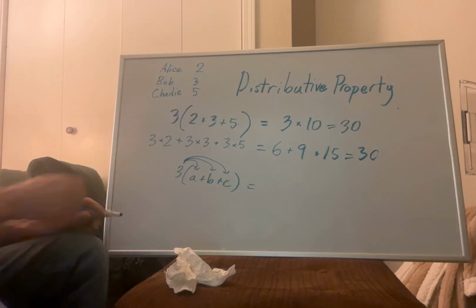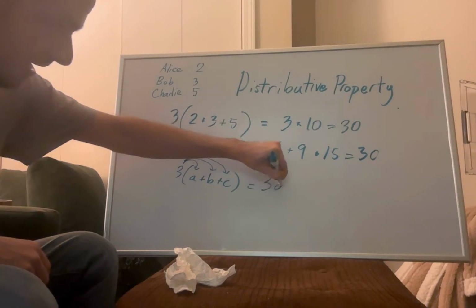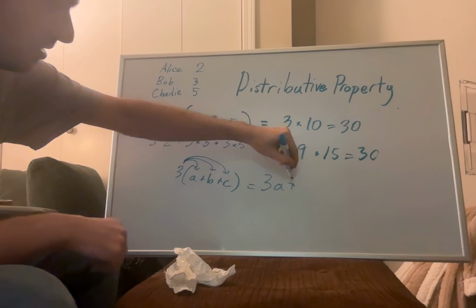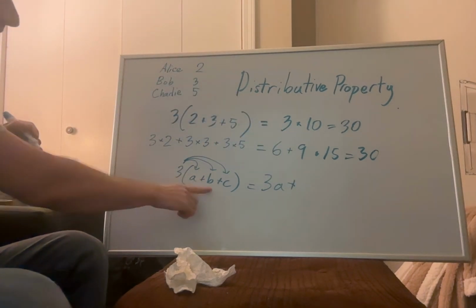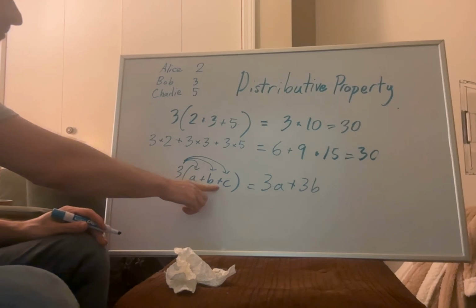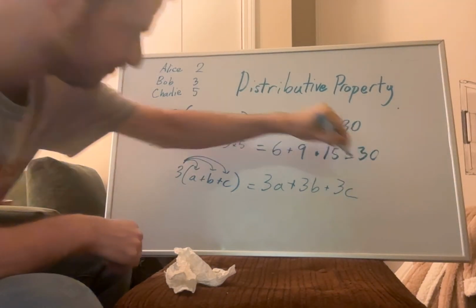Like so. 3 times A, we can just write as 3A. There's a plus here, so plus 3 times B will just be 3B. And then plus 3 times C is 3C.